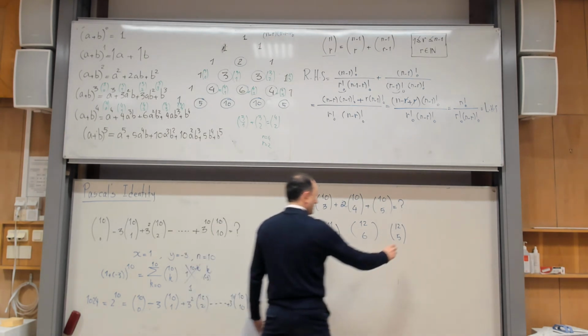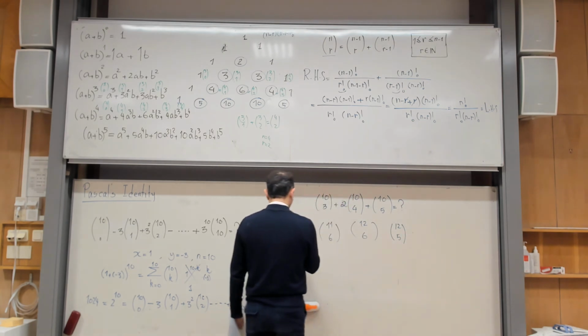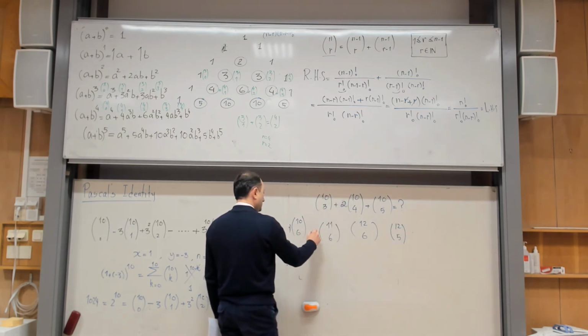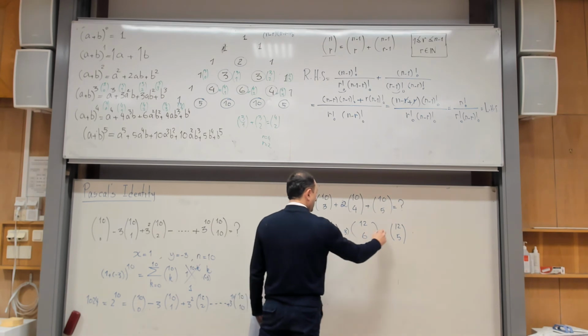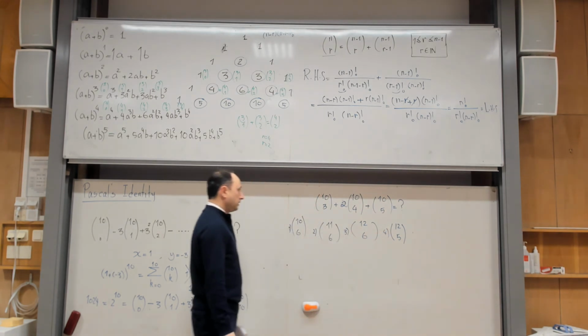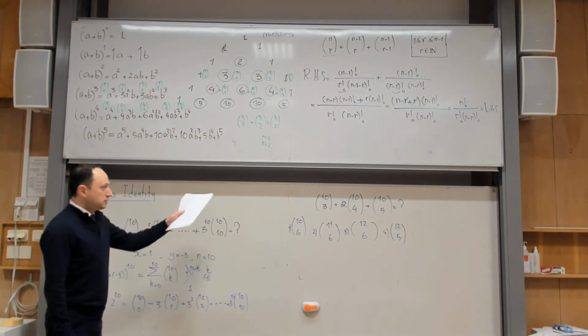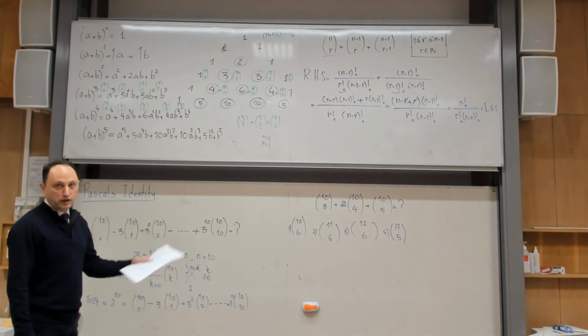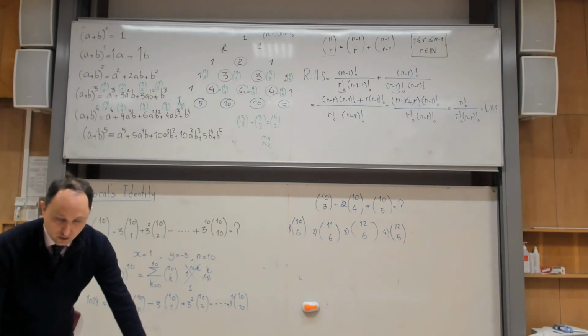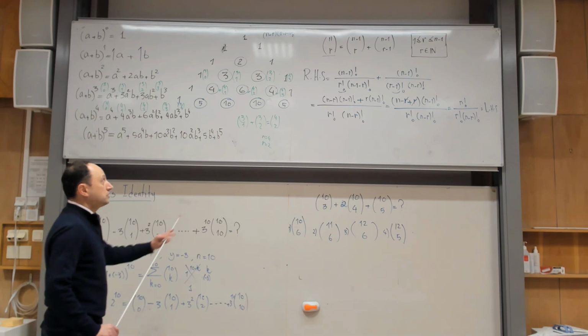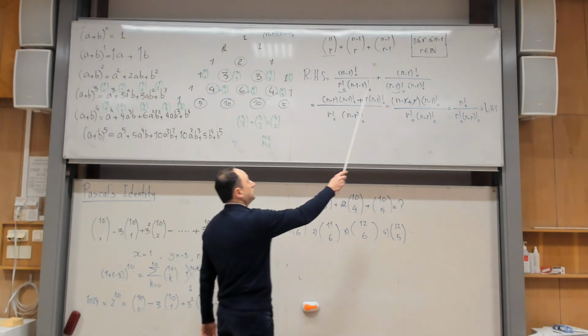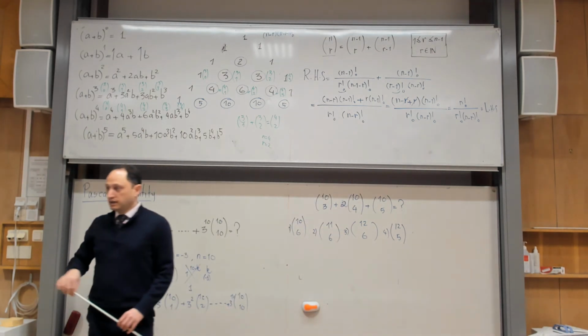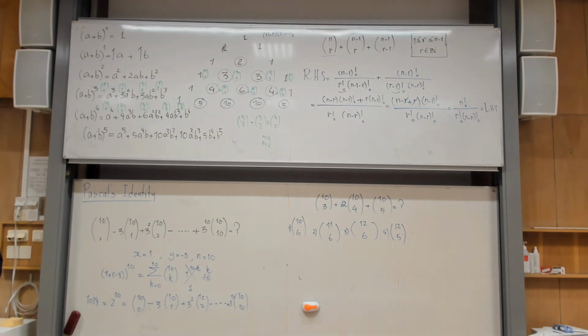So assume that this is option number 1, option number 2, option number 3, and option number 4. I'm asking you, this question mark is equal to which one of them? I'm telling you, this is an exercise in Pascal Identity, and Pascal Identity here is in front of you. I want to wait a little bit for you so that you can solve the problem yourself.